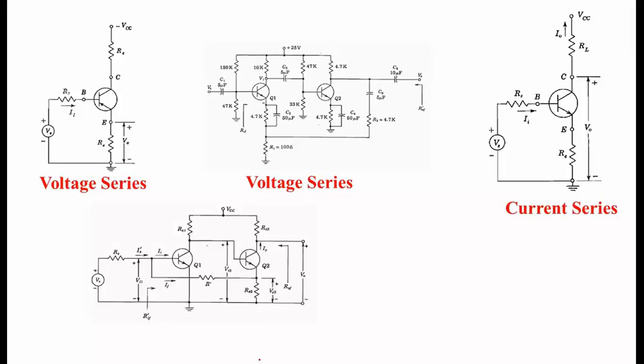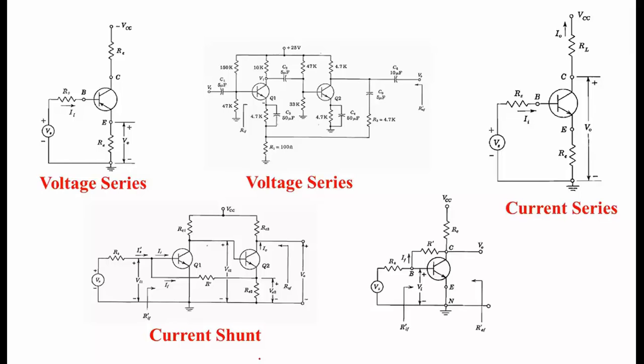This is again a transistor pair circuit, but the feedback connections are different from the earlier circuit, so we can say that this is a current shunt type of circuit. The last circuit is the voltage shunt type of circuit. So that was all about the identification of feedback topologies.